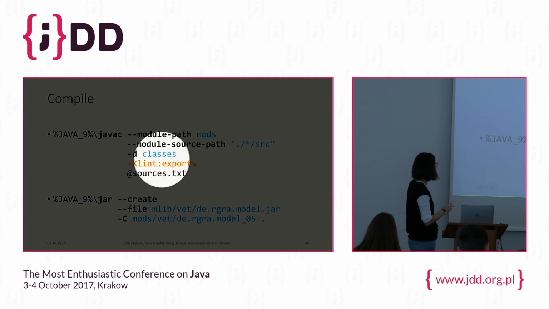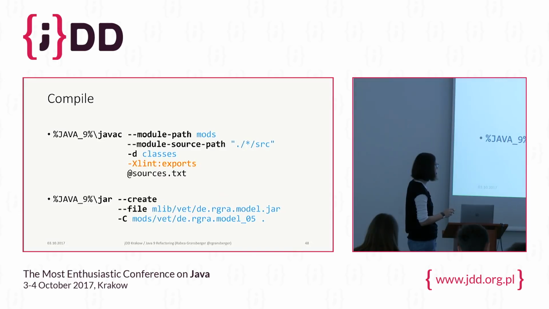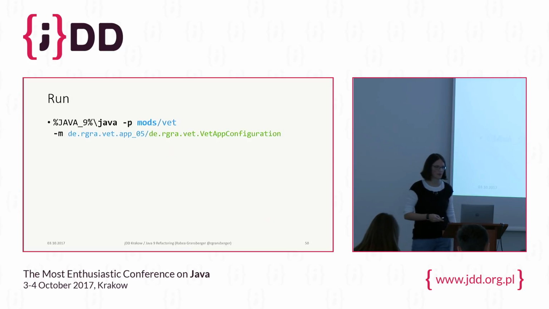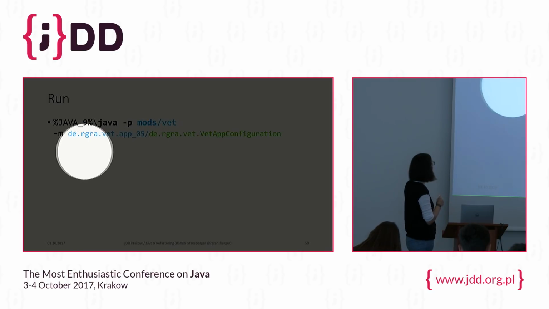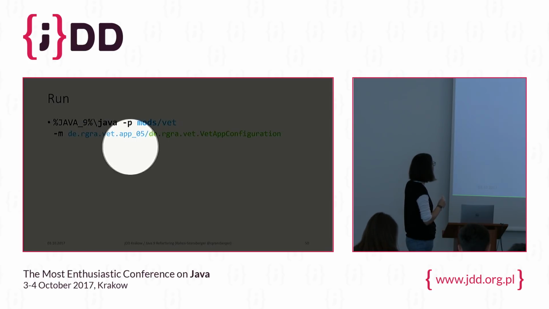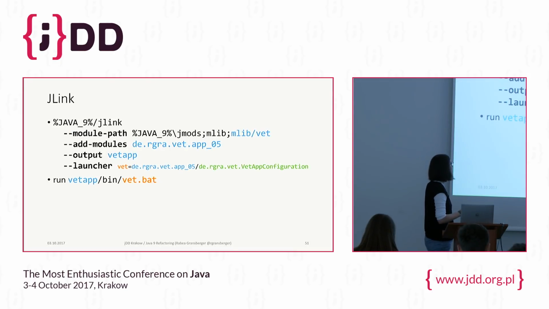Otherwise you will get a warning over here. You create the jar file as well. The only difference is that you now have the module-info.class in your jar file as well. Then you can run it. You don't put the -cp for the class path anymore. You put the -p for the module path and -m to start the module over here and the main class inside there. So this is how you start your application.